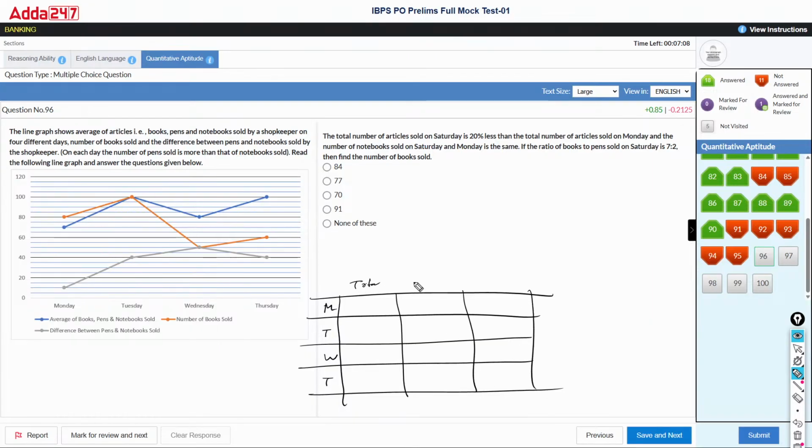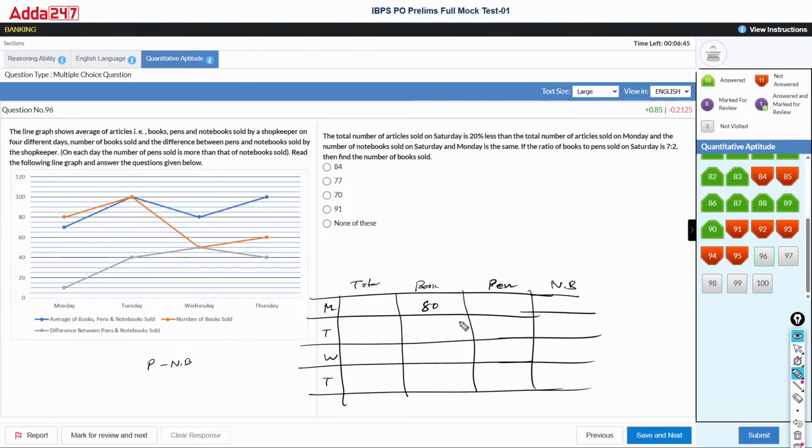So total books. Tuesday, pens more than notebook, pen and notebook. So yellow ones are books.